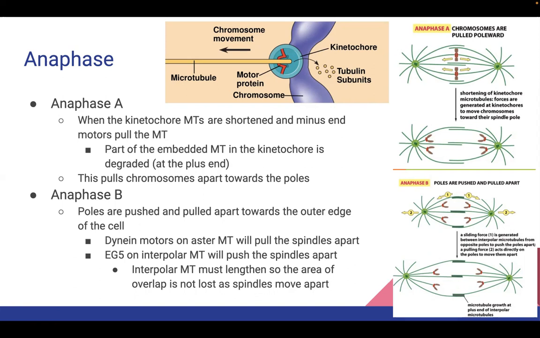And then EG5 is still going to be in these interpolar microtubules in this overlapping region, pushing the spindle poles away. And in order for this to occur, the interpolar microtubules are going to have to lengthen themselves at each plus end in order for EG5 to correctly walk in the plus end direction, allowing the poles to be pushed away.